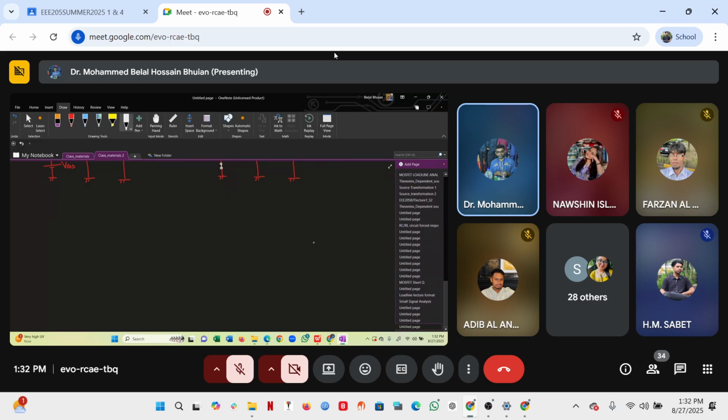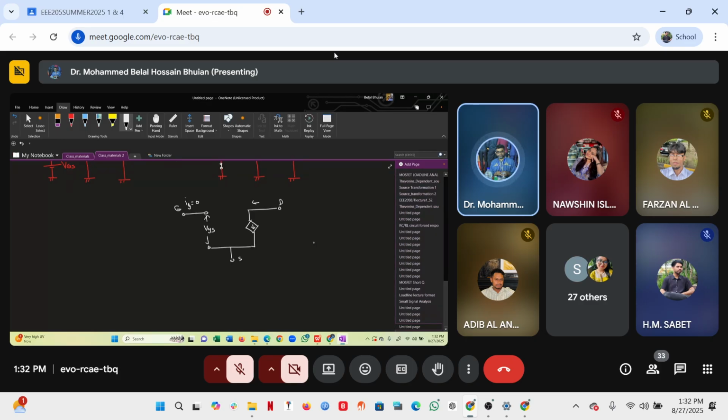So let's say this is our gate terminal, this is our source terminal, and this is our drain terminal. The gate current ig equals 0, but we have a voltage vgs between gate and source, and between drain and source it's a dependent current source.